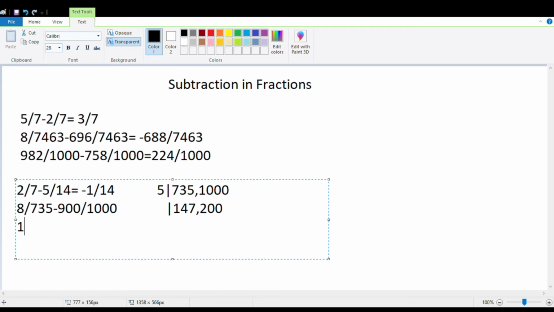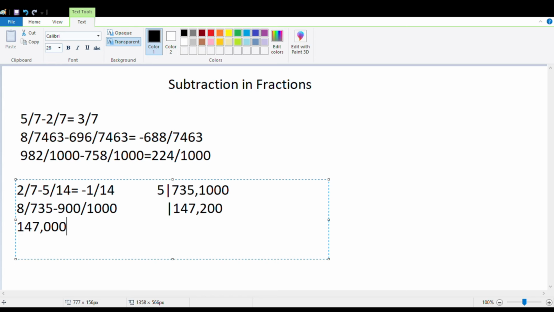Now 147,000 roughly corresponds to 1,47,000. Since the LCM of the denominator is found out, we can proceed with the next.